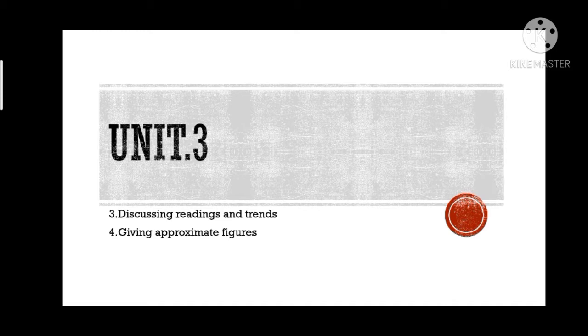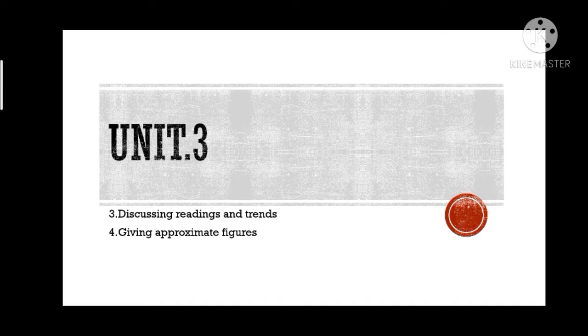The readings, what can we read from this analysis that we did? القراءات. And trends here does not mean trends like on Facebook that this is #1 trend in Egypt. No, trends here means the general direction in which something is changing.